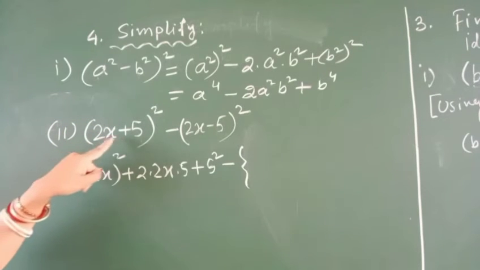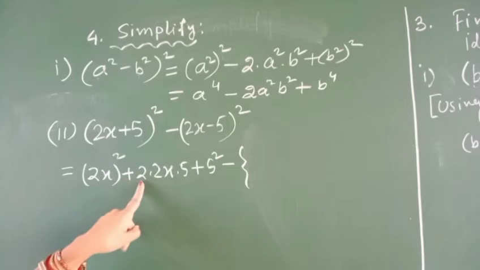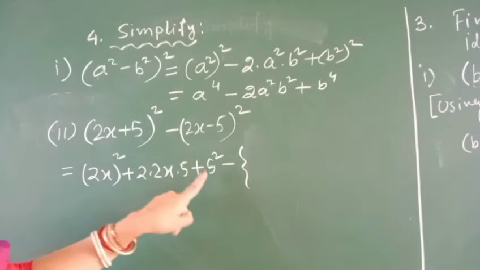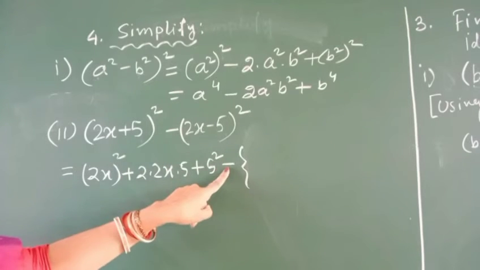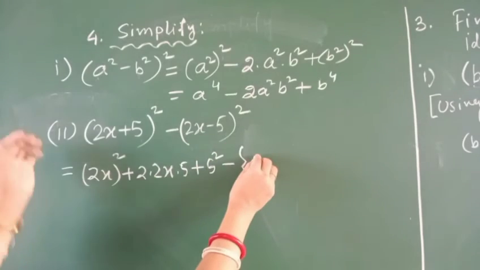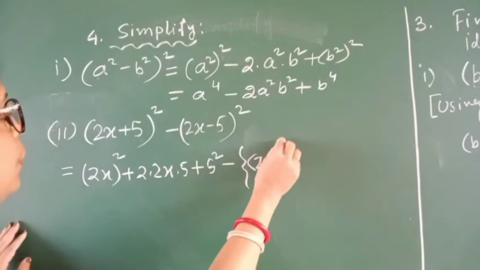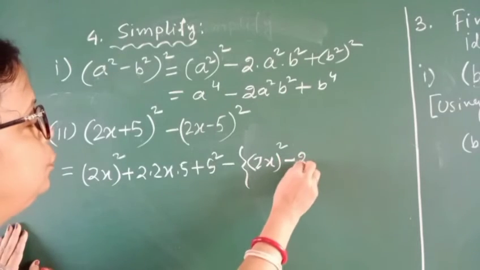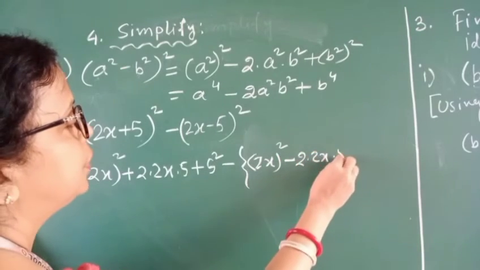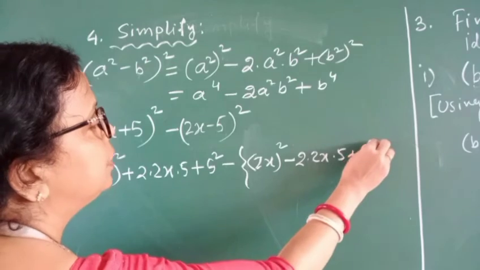So a plus b whole square, a square plus 2 into a into b plus b square, then this minus, then you will do this one, 2x whole square minus 2 into 2x into 5 plus 5 square.